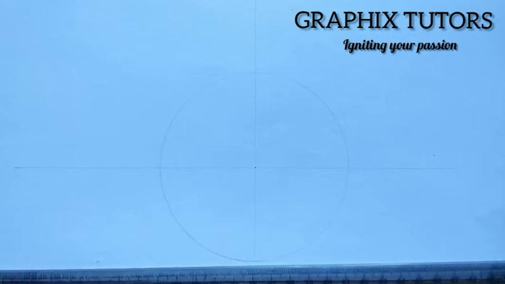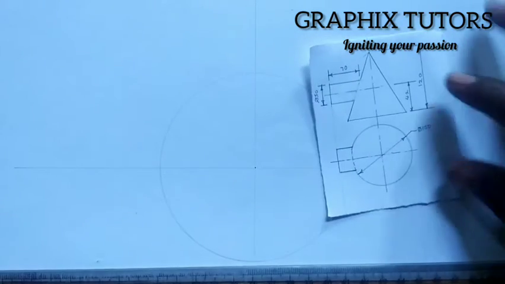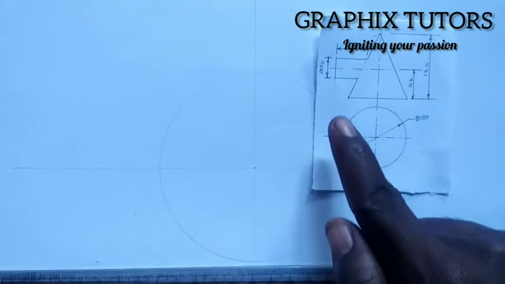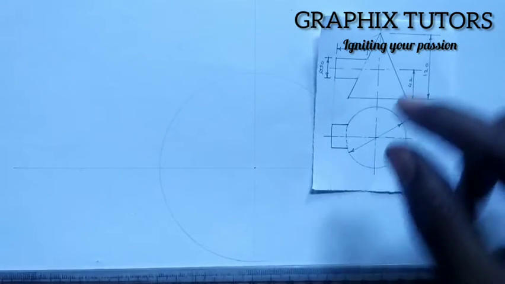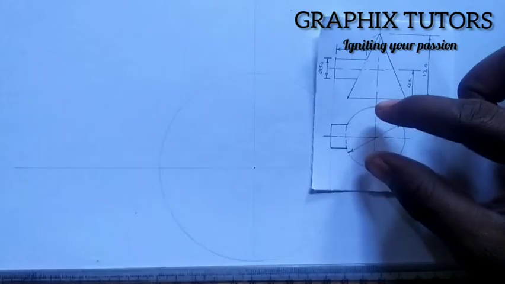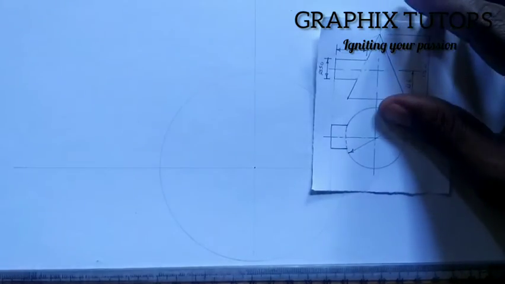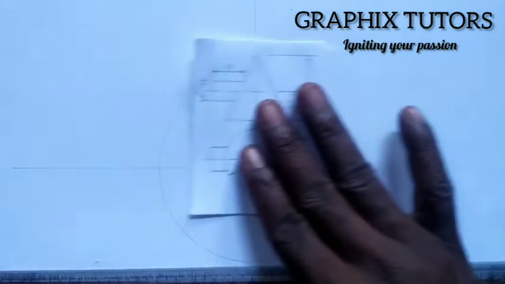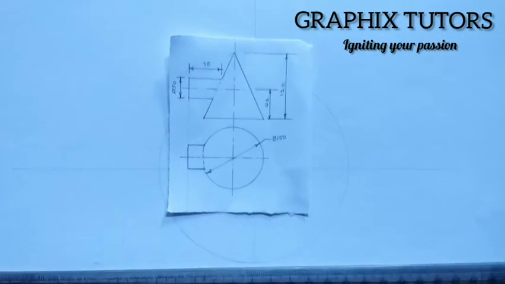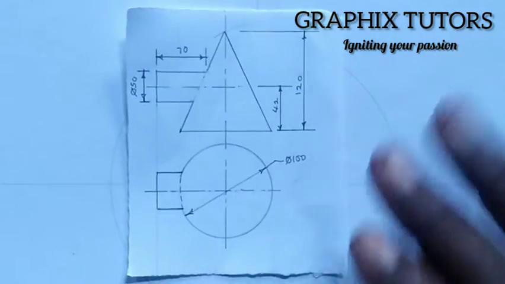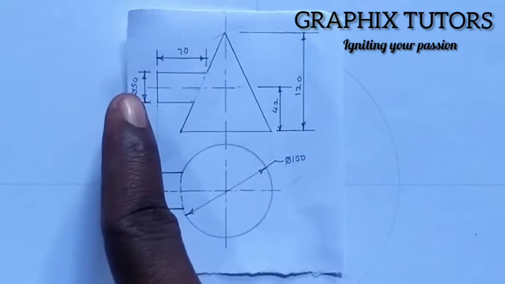Now, after that, if you look at this, there's a pipe coming into this circle, as in a rectangular figure coming to this circle, and the diameter of that figure is given to be, let's look at it and see, 50. You can see that it's 50.